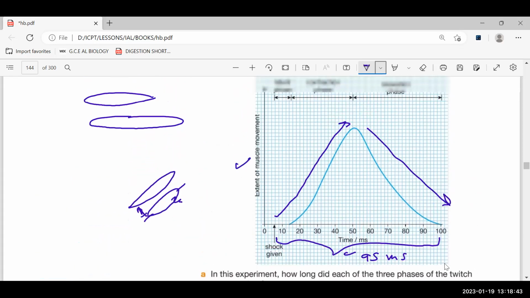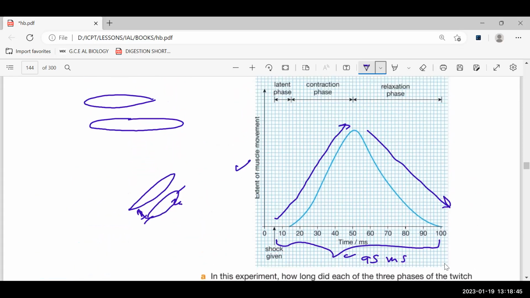Now, exerting a force is contraction. So, in the contraction phase, starting from here, 15, and then the maximum goes to 50. Right, so this is the contraction phase.